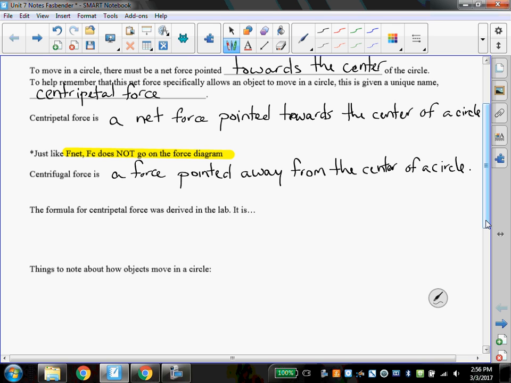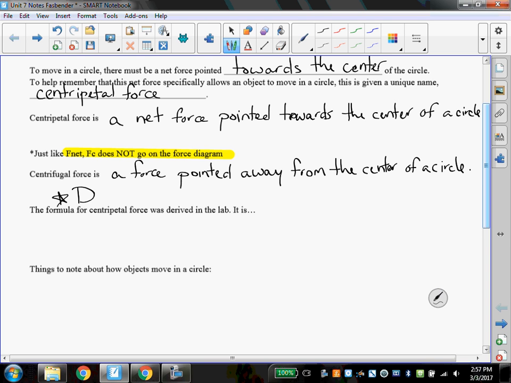You may hear people refer to centrifugal force in popular media, mostly because people are somewhat familiar with these things called centrifuges. So that F sound is familiar to them, and so they think that it is the centrifugal force that causes things to move in a circle like a centrifuge does. But in fact, pushing away from the center of a circle will never allow us to move in a circle. So we'll maybe make a little star for that.